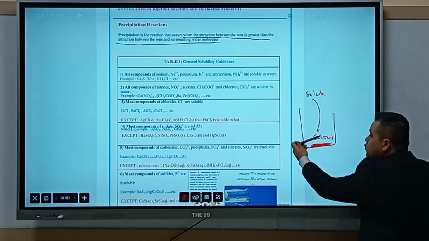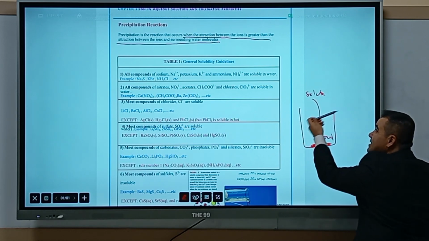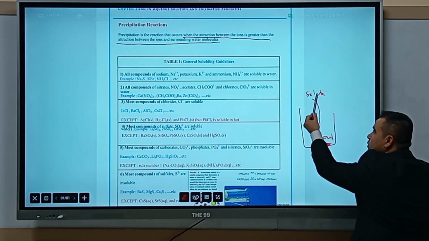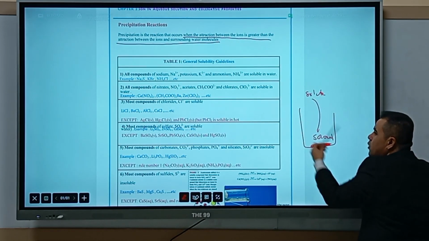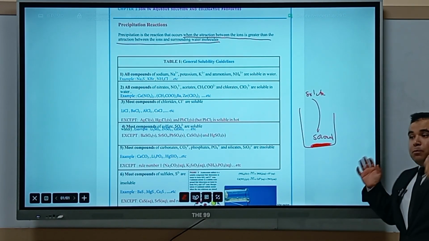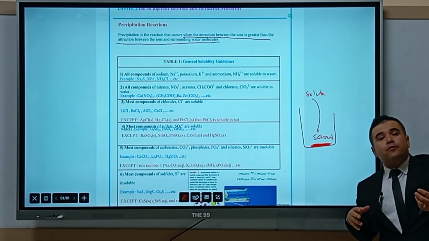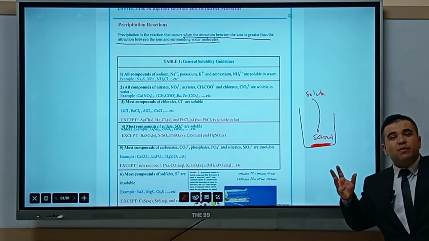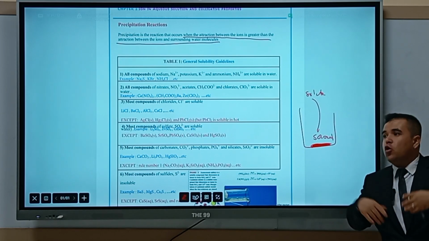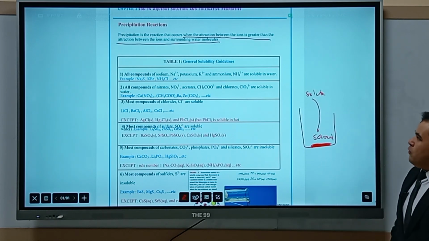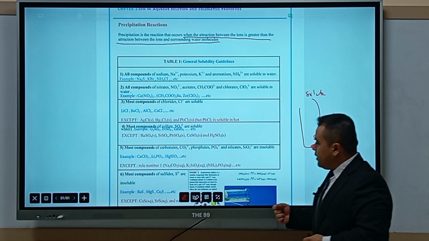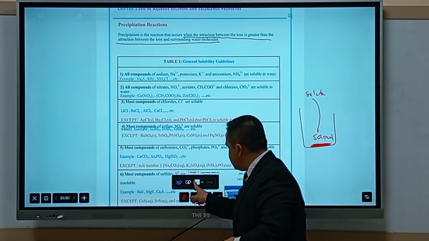If the attraction between solvent and solute is weaker than the attraction between solute and solute, there will be a precipitate. And a precipitate can be formed from the double displacement reaction between 2 salts or many other types of reactions as well, but specifically we'll be talking about the salts.